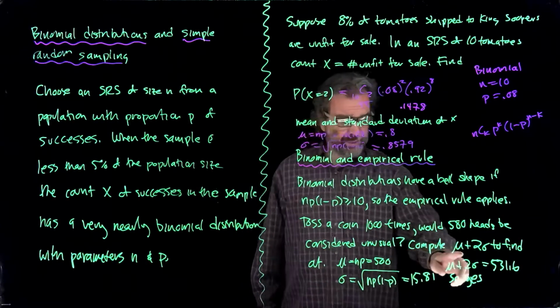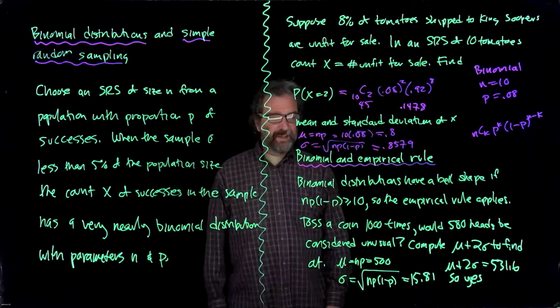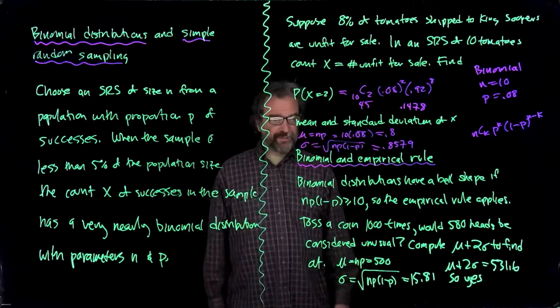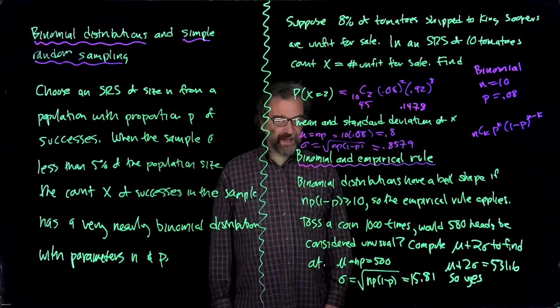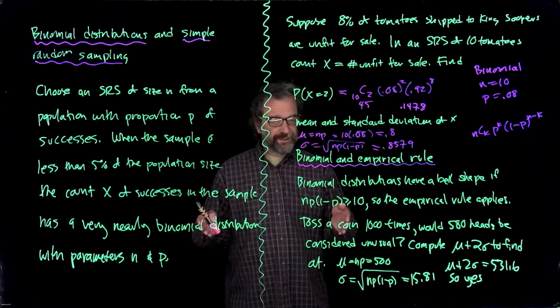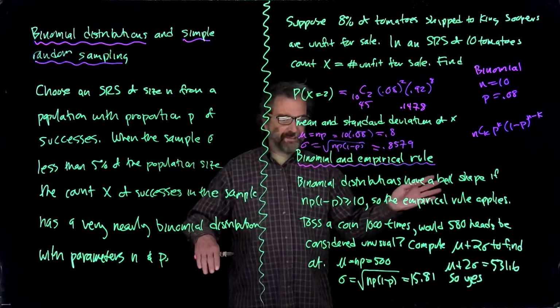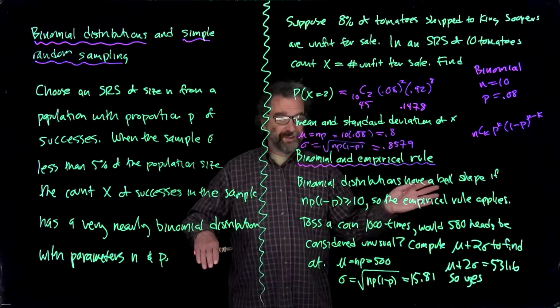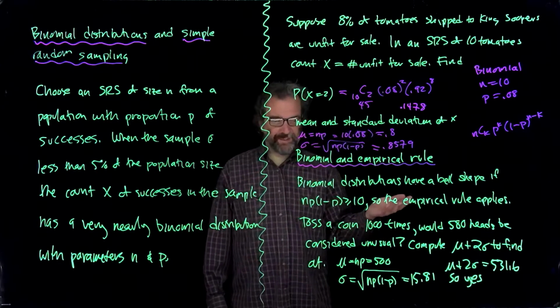We're going to compute mu plus 2 sigma, because anything more than 2 standard deviations above the mean happens only around 2.5% of the time. The 95% encompasses plus or minus 2 sigma, and the two ends carry the 5%. The one end above mu plus 2 sigma would be 2.5%. 5% is considered unusual, and 2.5% is even more unusual.